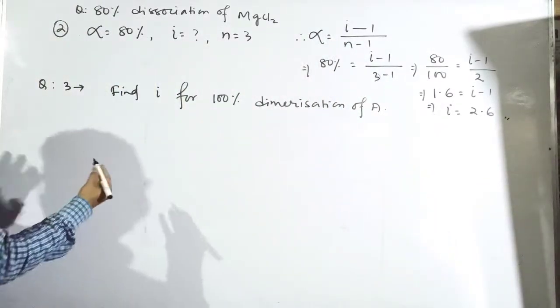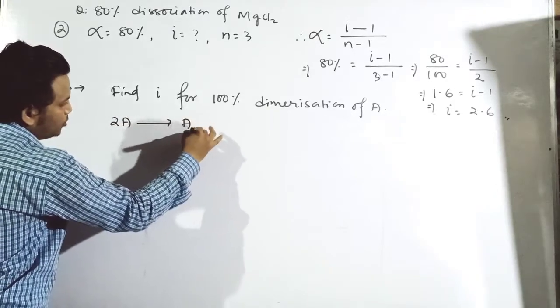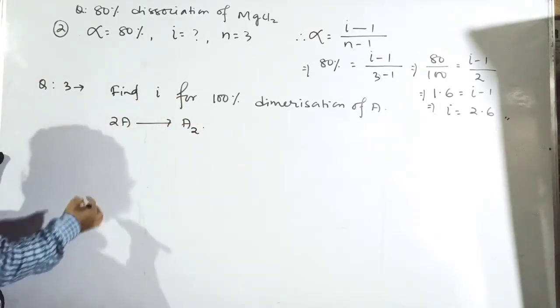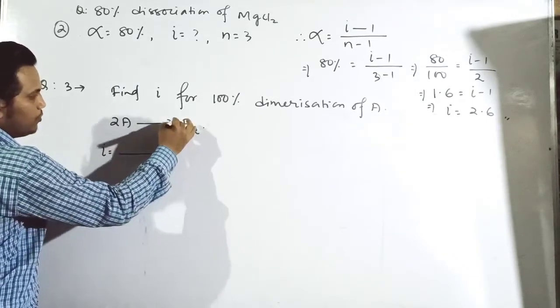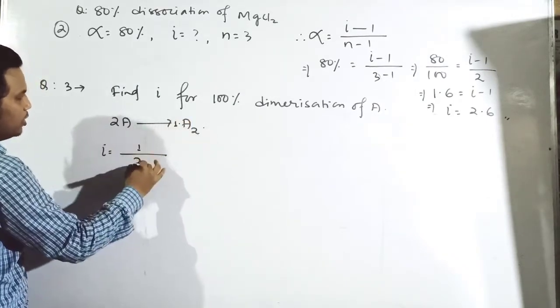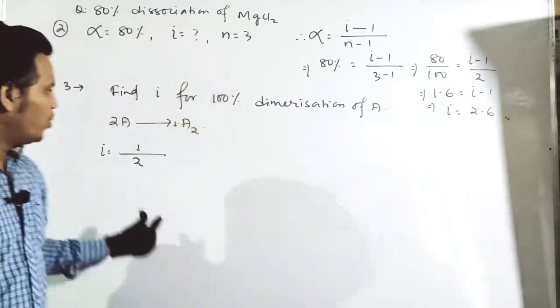So dimerization means two atoms of A combine to give a molecule. So first normal formula. By normal formula we can find this is 1, this is 2. Because it is 100% dimerized, you can write 1 to factor I.